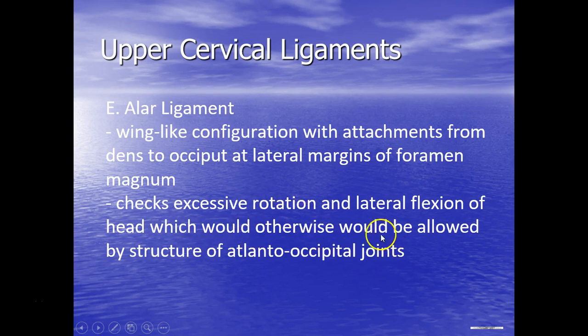So as we mentioned previously, the structure of the atlanto-occipital joint between the occiput and C1 would normally allow for considerable lateral flexion and some rotation at that joint. But these quite strong ligaments, along with the tectorial membrane and the atlanto-occipital membranes, limit the motion and quite severely limit the amount of lateral flexion and rotation that can occur at the atlanto-occipital joints.